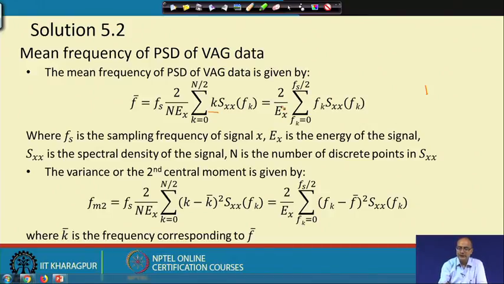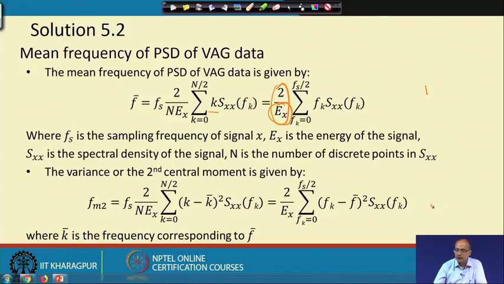We are dividing it by the total energy, or if we take this, that is half of the energy. As the spectrum is symmetric, half of the energy is in the one half.